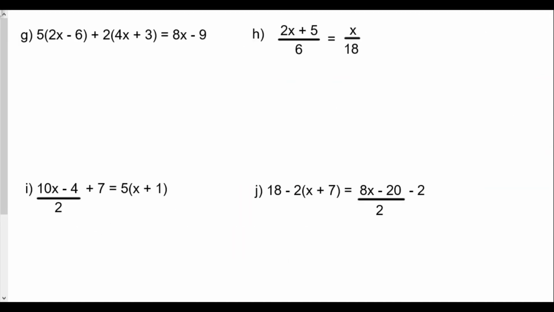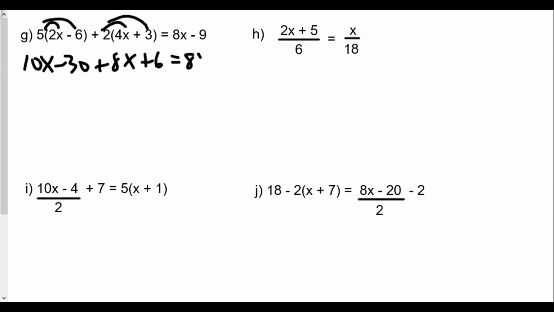So we continue on, and letter G, we're going to distribute. So here we go, distribute to 5, and we get 10x minus 30, distribute to 2, plus 8x plus 6 equals 8x minus 9. Okay, let's combine like terms.